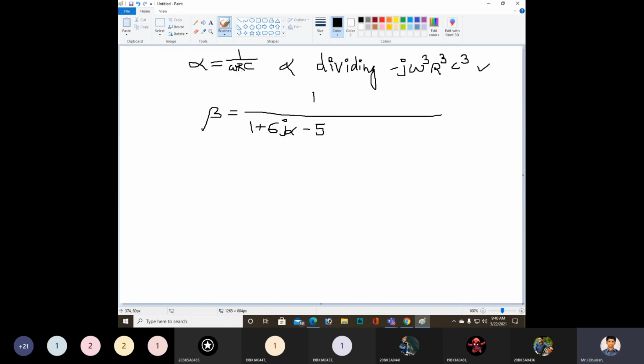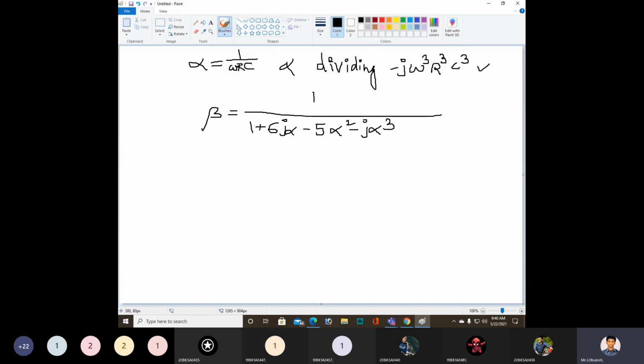So 1 by omega rc means alpha, and 1 by omega square r square c square means alpha square. Then next minus, here we have j omega cube r cube c cube, which is 1 by omega cube r cube c cube, meaning alpha cube.